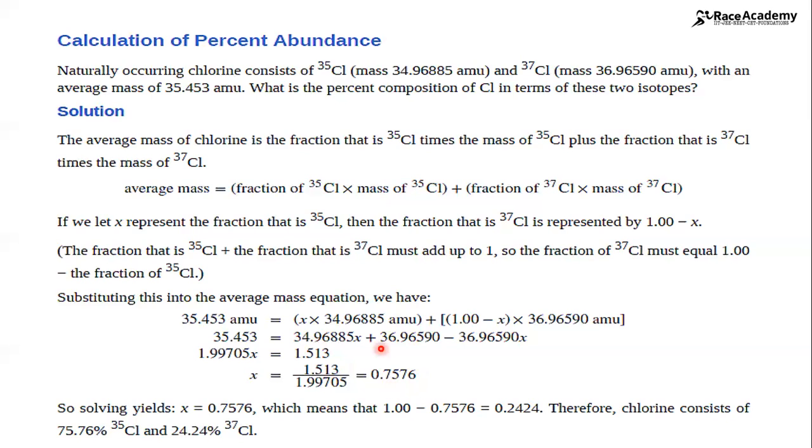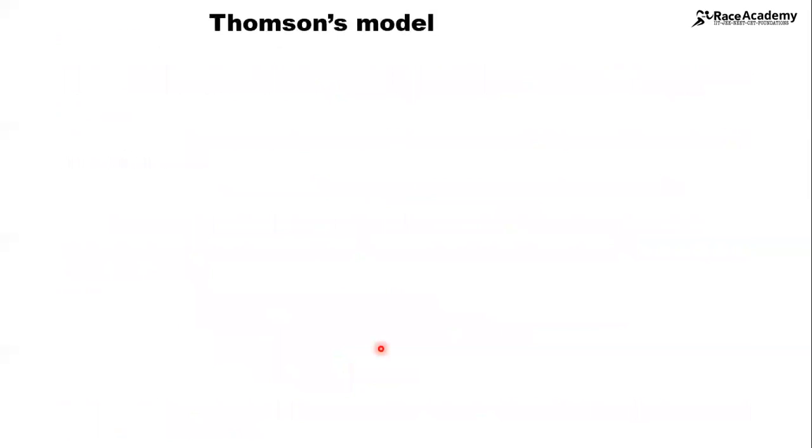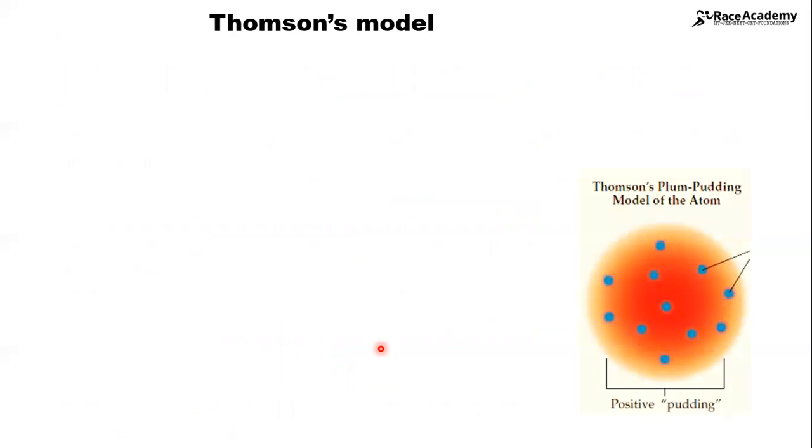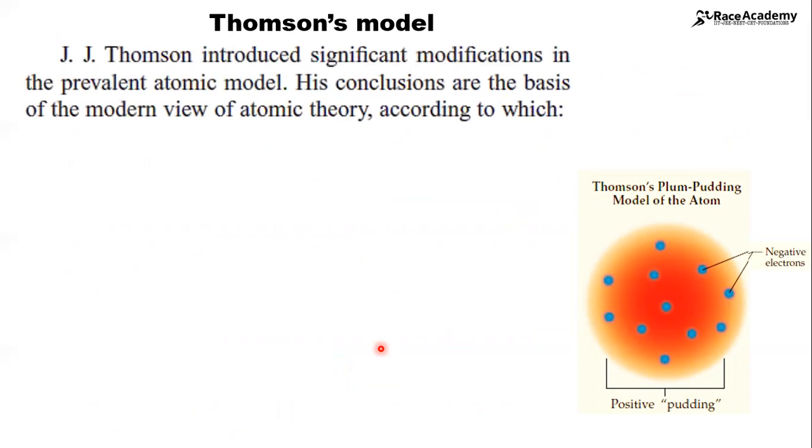Okay, this is the model. Next, we'll see Thomson's model. It is also one of the most important models, called the plum pudding model. Thomson's plum pudding model of the atom shows the positive part of the atom and the negative part of the atom. Here, J.J. Thomson introduced significant modifications to the prevalent atomic model.